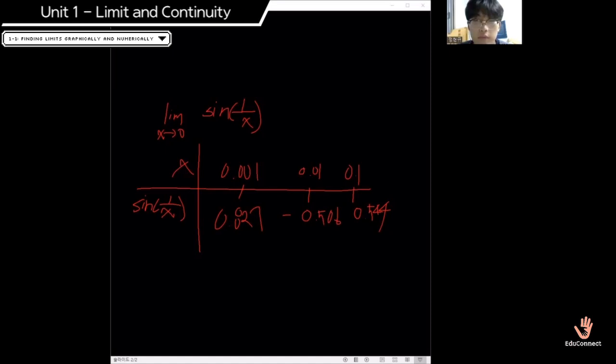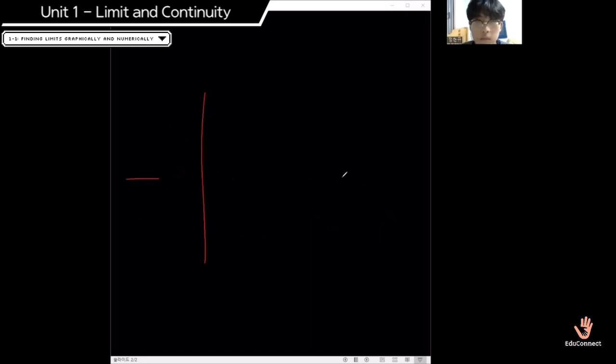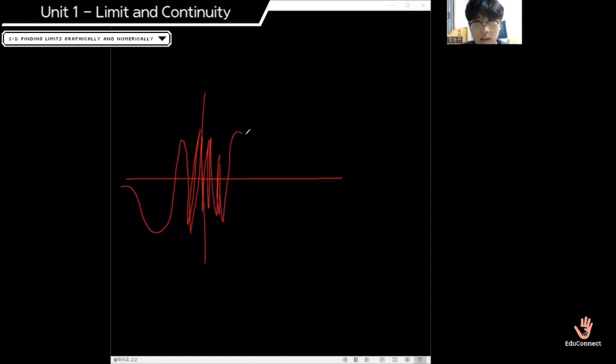Let's look at the graph of this function. Now, as we get closer and closer to zero, the graph starts jumping up and down between 1 and negative 1 quite drastically.